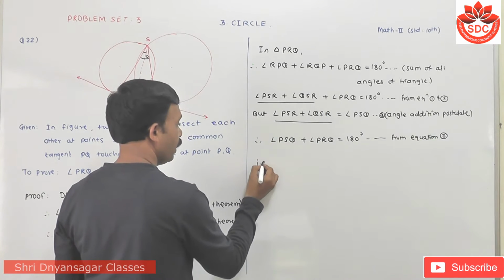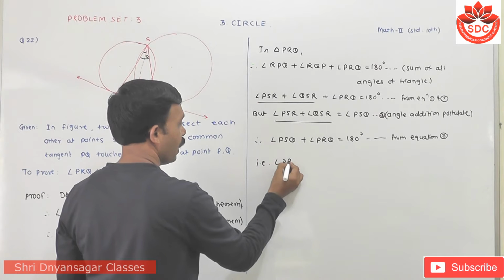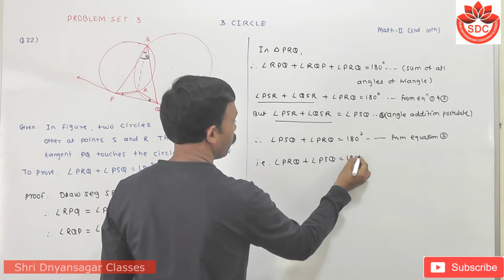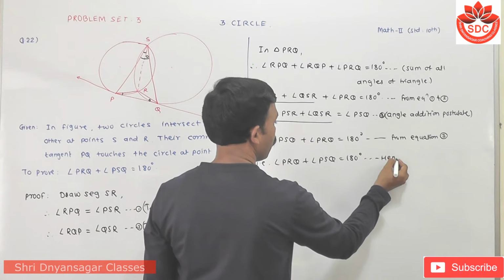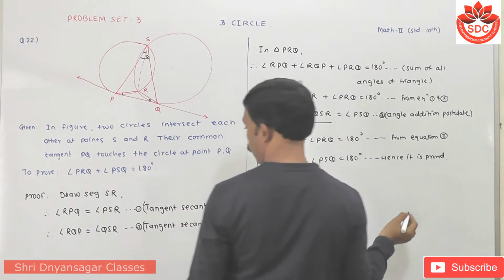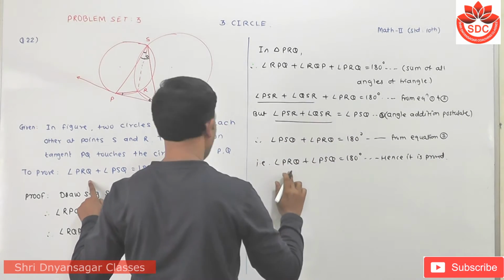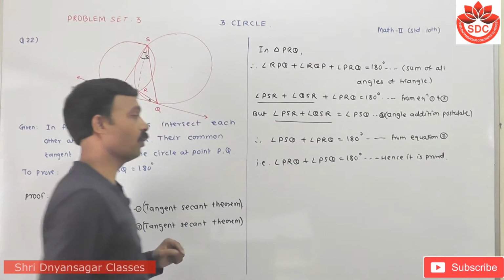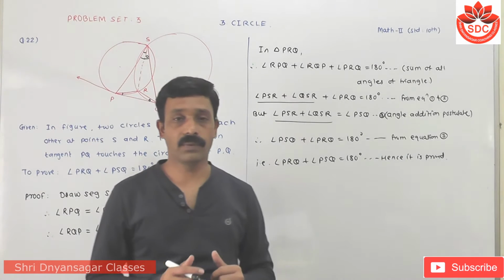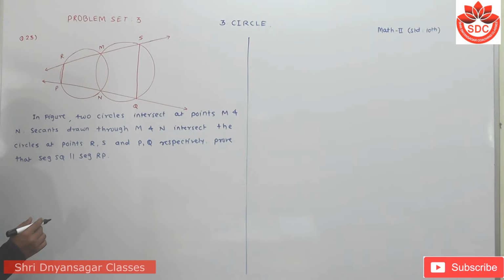That is, angle PRQ plus angle PSQ is equal to 180 degrees, and hence proved. Can you understand this? PRQ plus PSQ is equal to how much? 180 degrees. Student, this is very important but very simple. Okay, we see the next question.